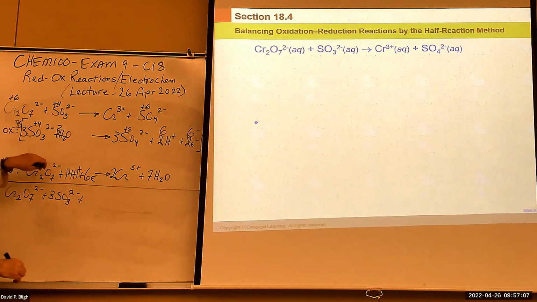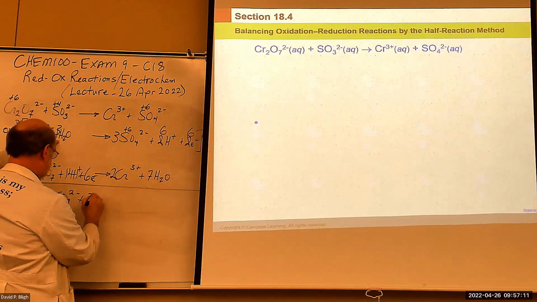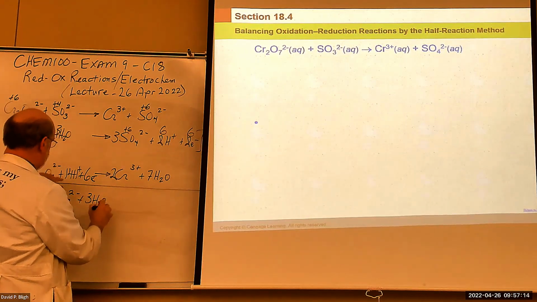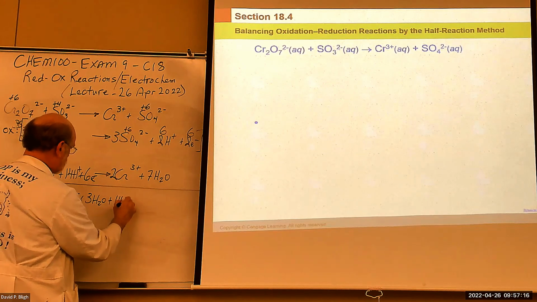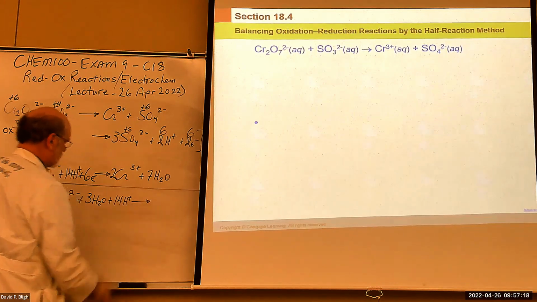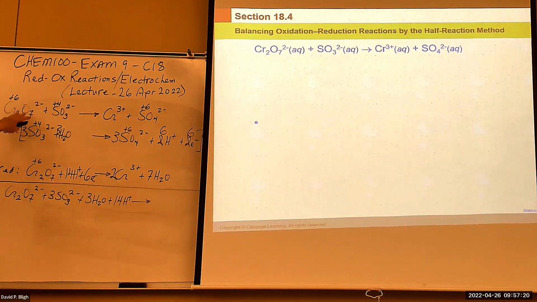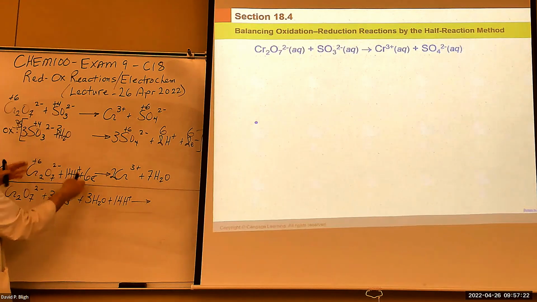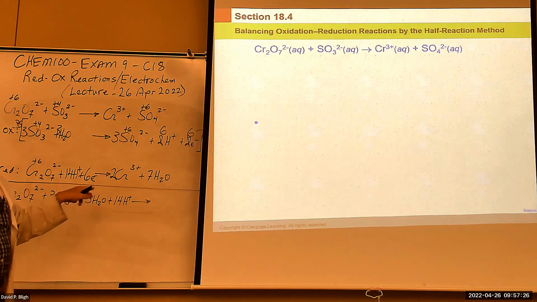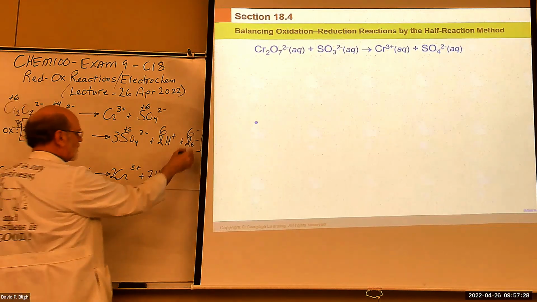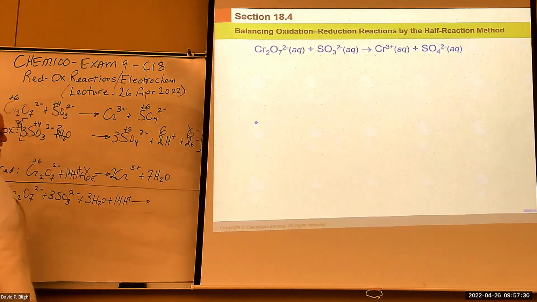Okay. Then we've got 3 waters and 14 hydrogens. Okay, that accounts for everything on this side. Notice I didn't put the electrons here because those 6 cancel these 6.